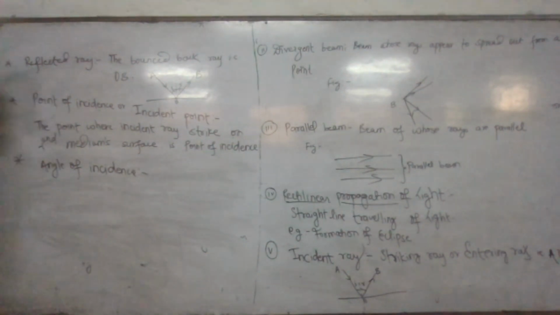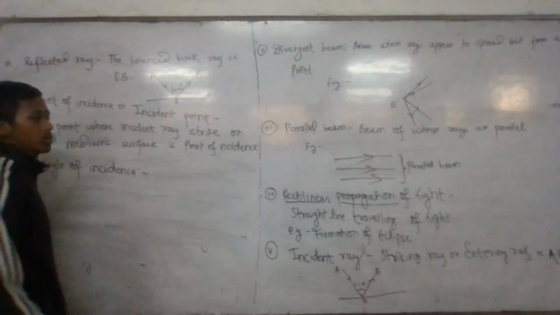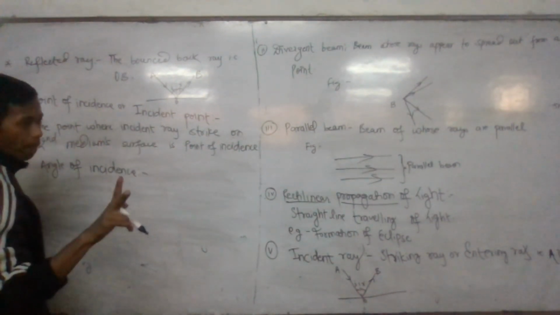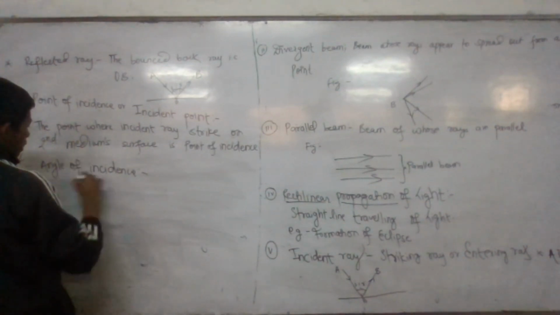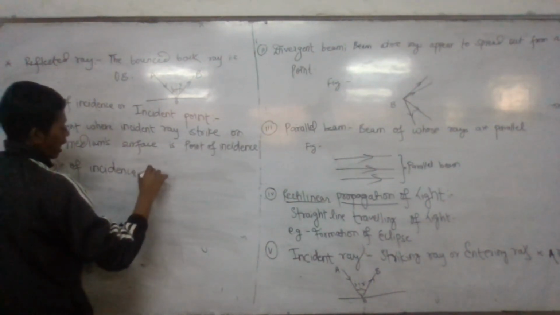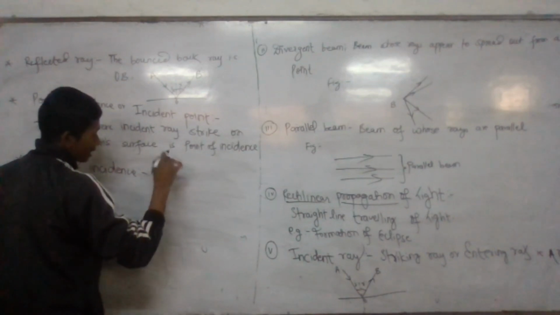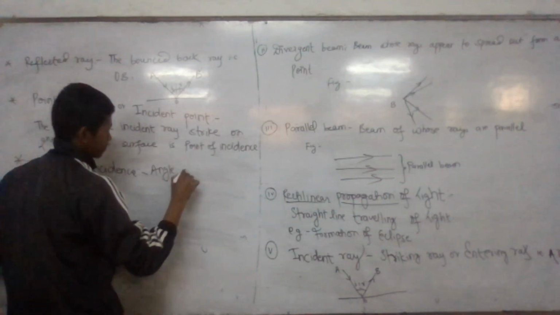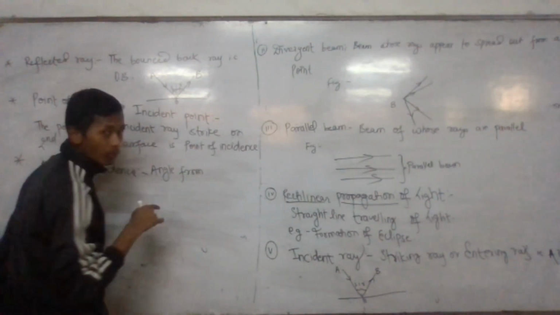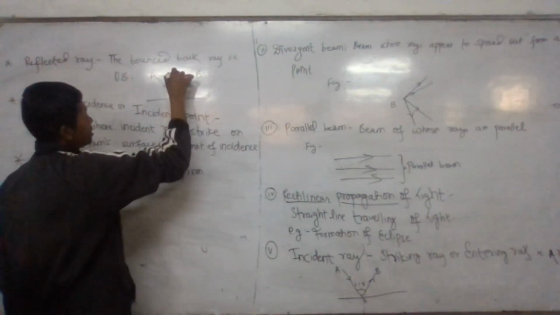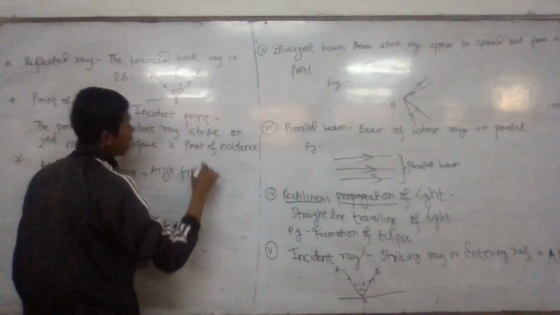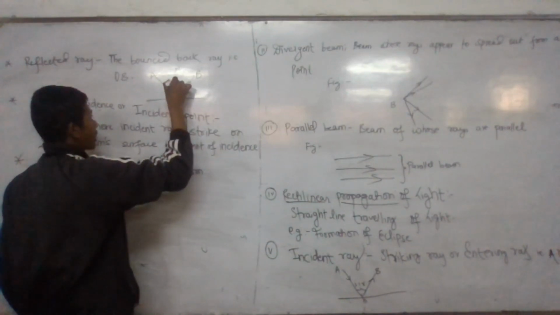What does angle of incidence mean? Angle is always measured from the normal. This is the normal. We start measuring from this angle, we take the normal as base.